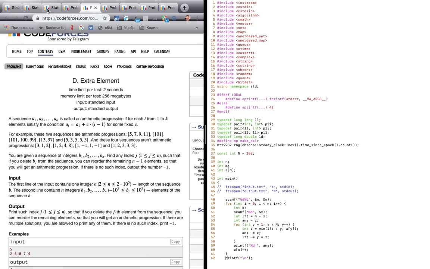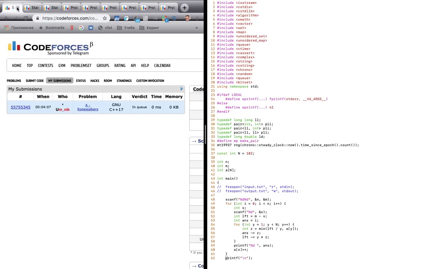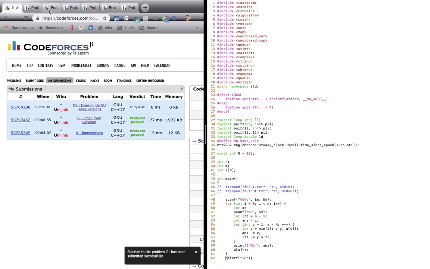Let's move to the next problem, and when this is accepted, I will submit C2.